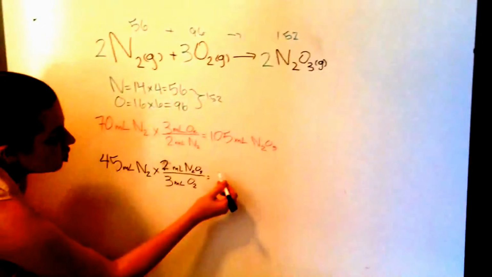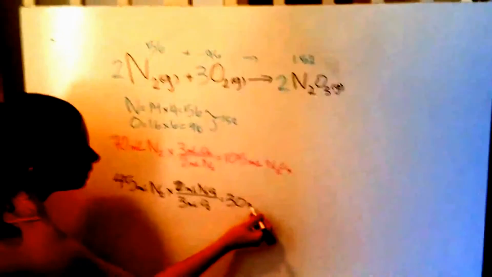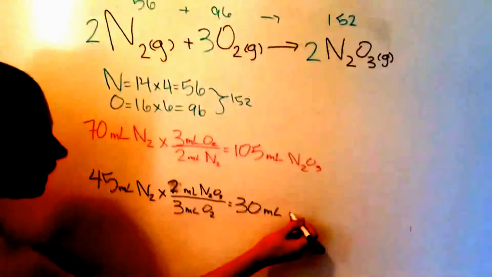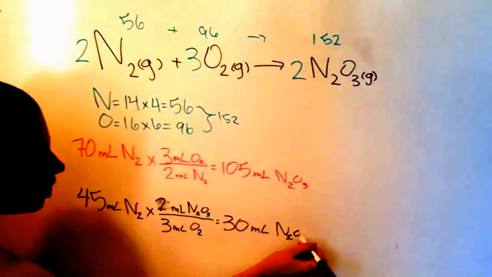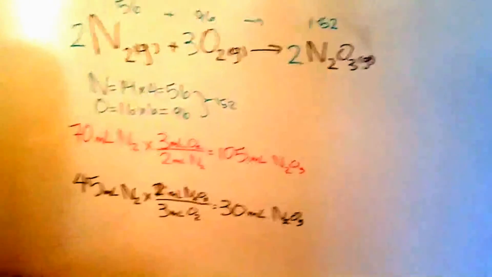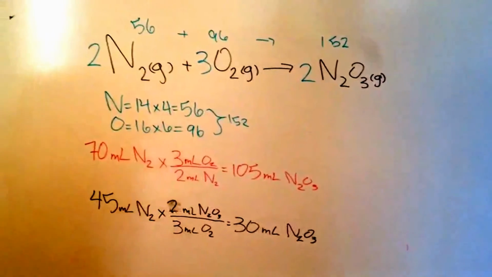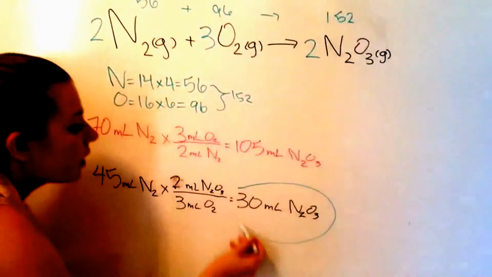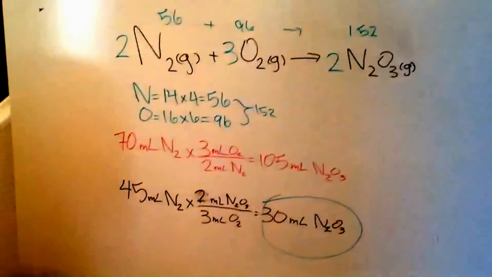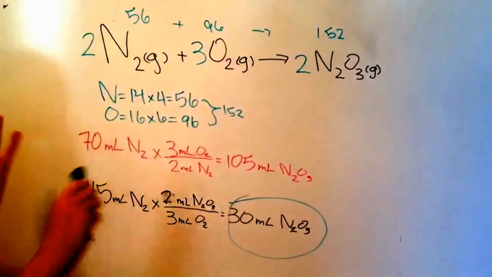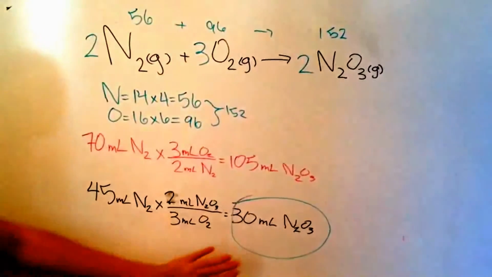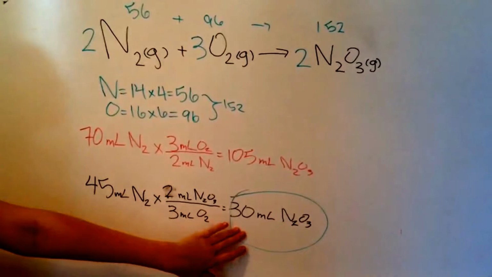And that is equal to 30 milliliters of N2O3. And that is our answer because it is the smallest number when you plug in all the numbers. So that is our final answer, 30 milliliters of N2O3. And thank you for watching.